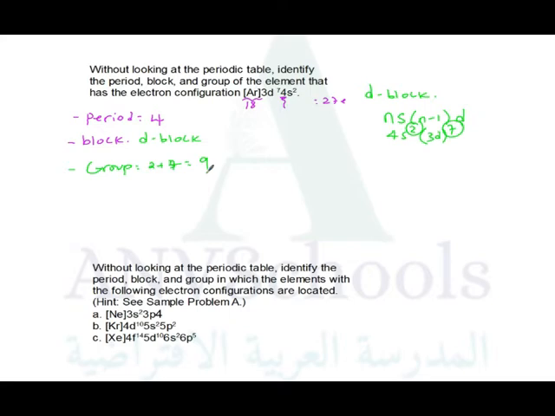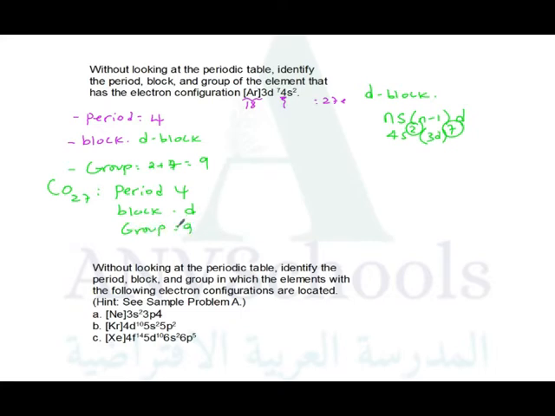So cobalt, with atomic number 27, is located in period 4, block d, and group 9.